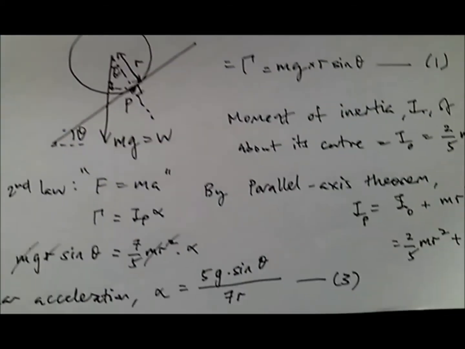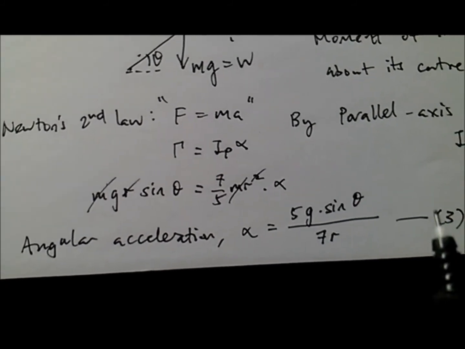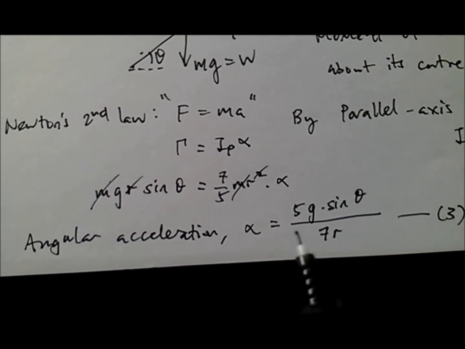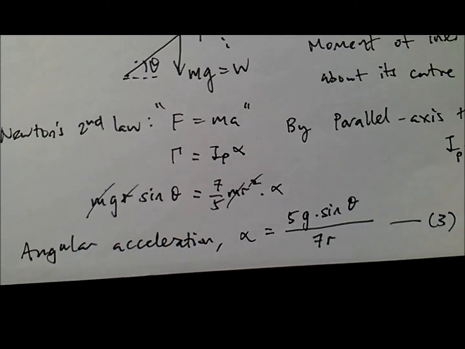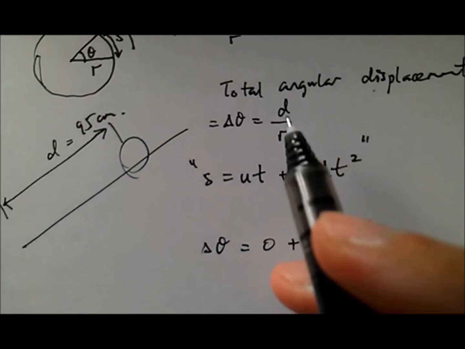If we refer to the previous page, what did we have for alpha, angular acceleration? Angular acceleration is 5g sine theta over 7r. The distance is d upon r.